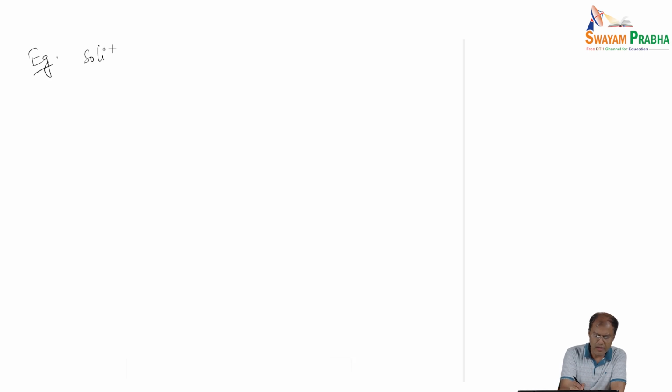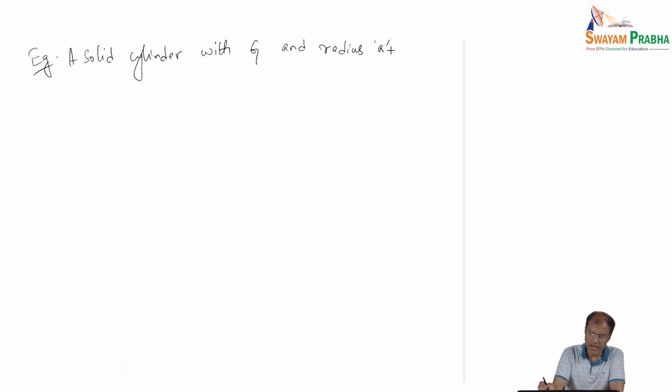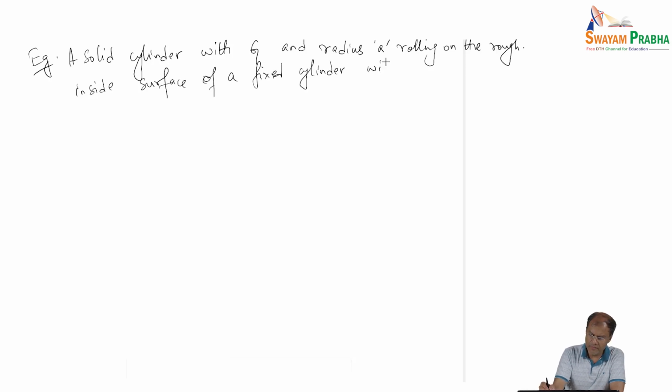A solid cylinder with mass M and radius A rolling on the rough inside surface of a fixed cylinder with center O.